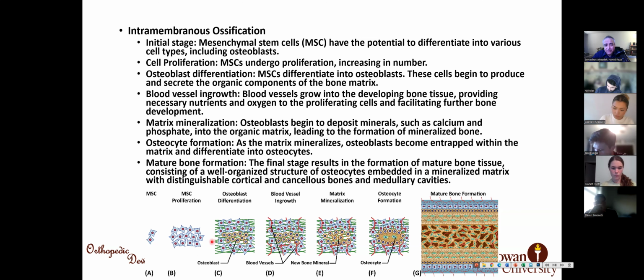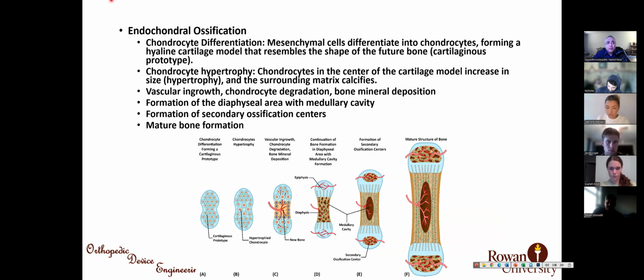Those stem cells gather in a single area, they proliferate, and then gradually, instead of turning into cartilage and then cartilage turning into bone, these stem cells directly turn into bone cells, and then a full-blown bone is created. Most of the bones in our body are formed by endochondral ossification.